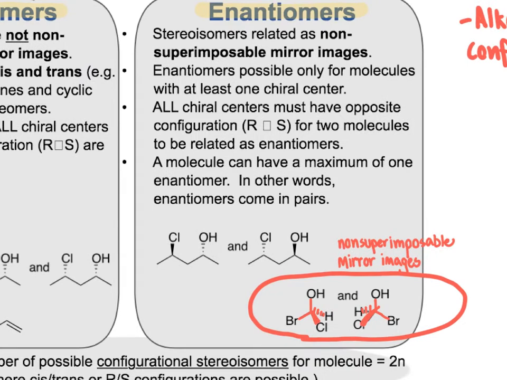So the two structures up here, we can also describe as enantiomers, as mirror images. And you may be looking at those two structures and saying to yourself, I don't really see how those are mirror images of one another exactly. Well, the way that we can better see that they're mirror images is by rotating or flipping one of the two molecules.